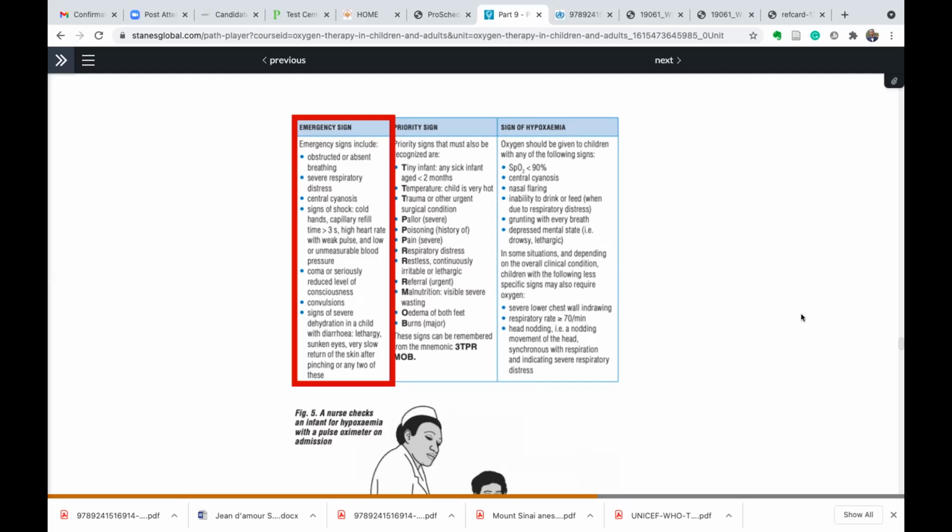So those are a summary of the danger signs, but I think you got most of the signs.